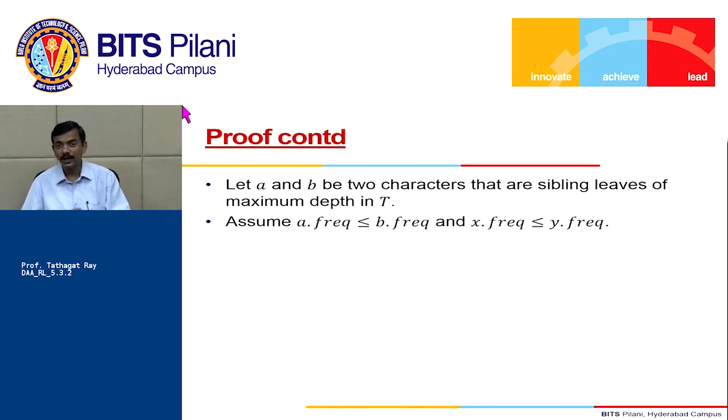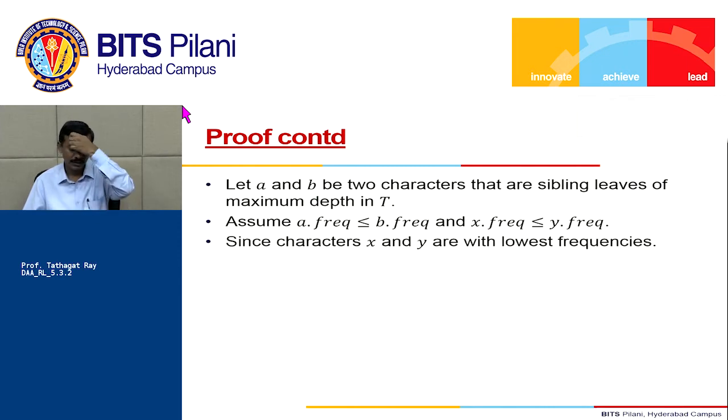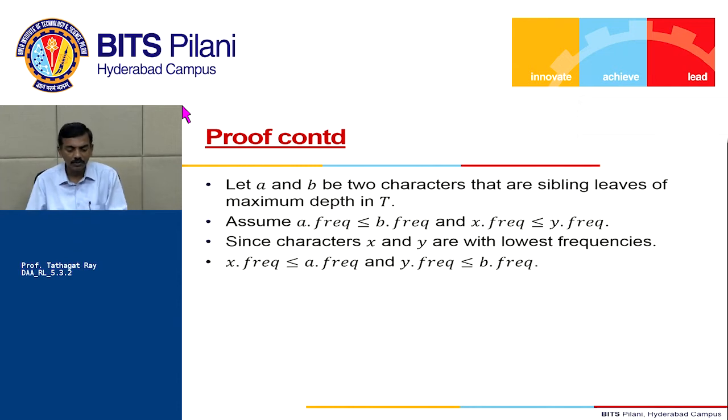X is the least frequent character in C, Y is the second least frequent character in C. Since X and Y have the lowest frequencies, you can immediately say that since X is the least frequent one, definitely the frequency of X is less than that of A. It is definitely less than the frequency of B also, because the frequency of A is less than the frequency of B. Y is the second least frequent one, so the frequency of Y is definitely less than the frequency of B. This comes from the fact that X and Y have the lowest frequencies.